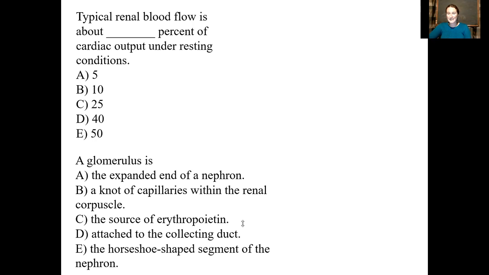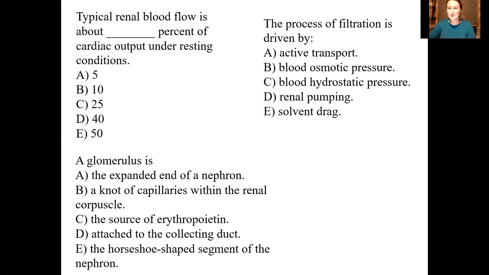All right, seems like we're good with that as well. So the glomerulus is a knot of capillaries within the corpuscle. What is attached to the collecting duct is the distal convoluted tubules. So we are getting there as well.